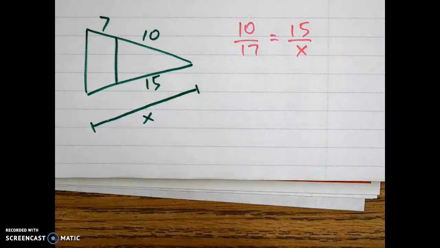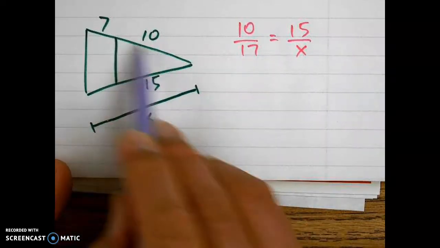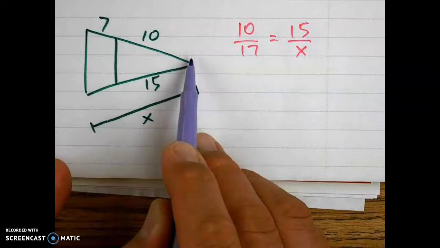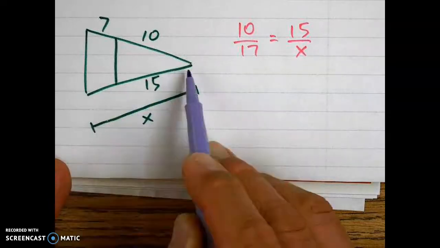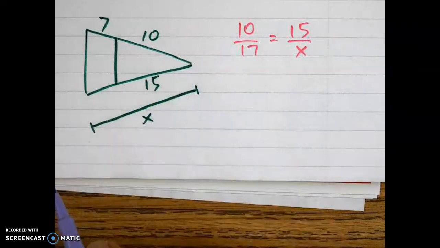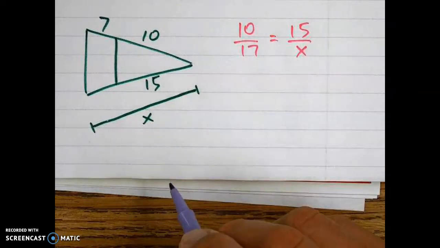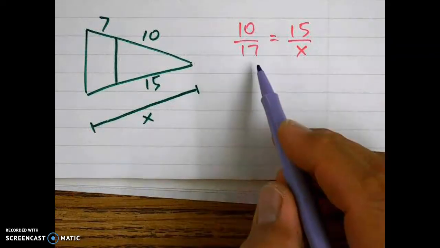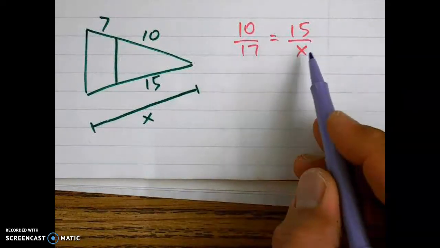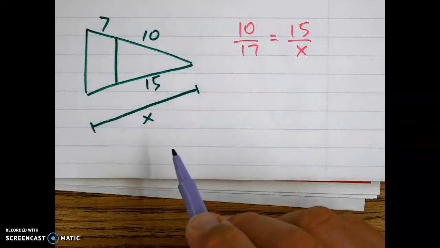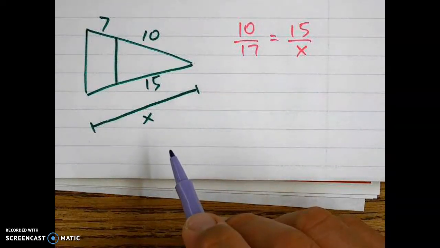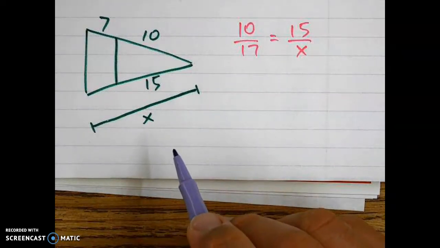Check it to make sure. The right side over the whole thing equals the right side over the whole thing. Looks good to me. You guys agree? This is the setup, okay? Right over whole equals right over whole. Derecha sobre todo igual derecha sobre todo. Yes? All right. So this is a setup.